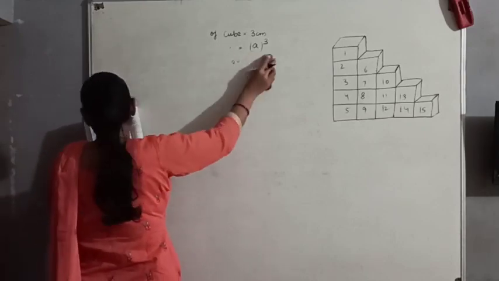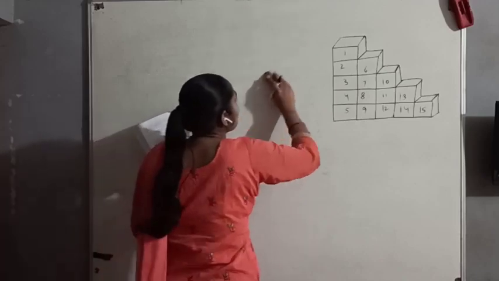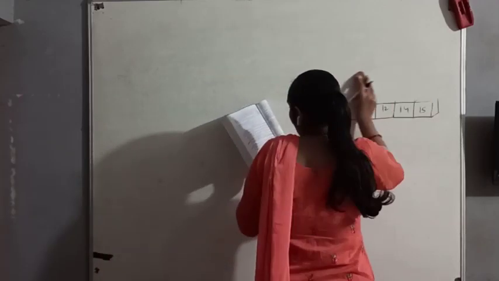A matchbox measures 4 centimeter into 2.5 centimeter into 1.5 centimeter. Dimensions of a matchbox are given.